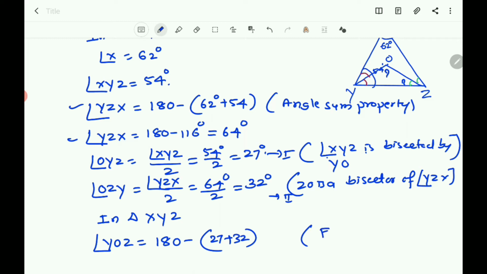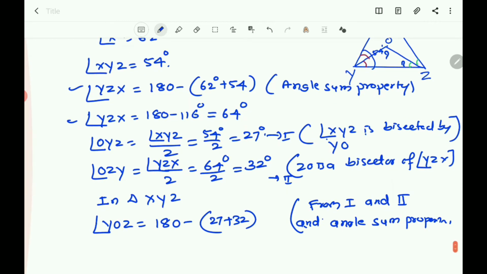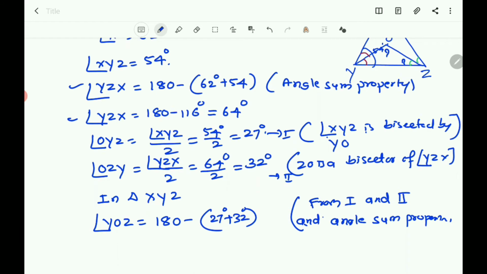So you write from first and second and the angle sum property. 180 you have taken by the angle sum property. 27 degrees plus 32, so that is from first and second.